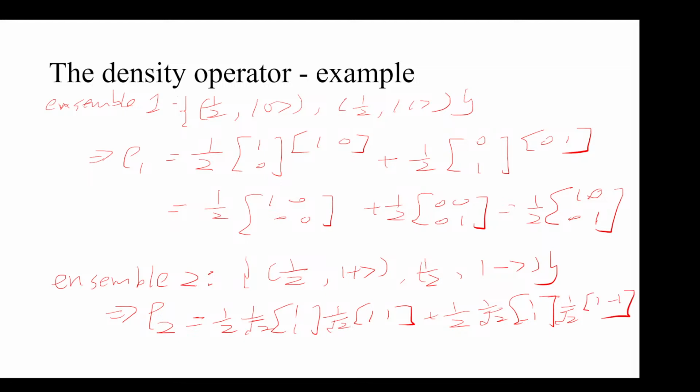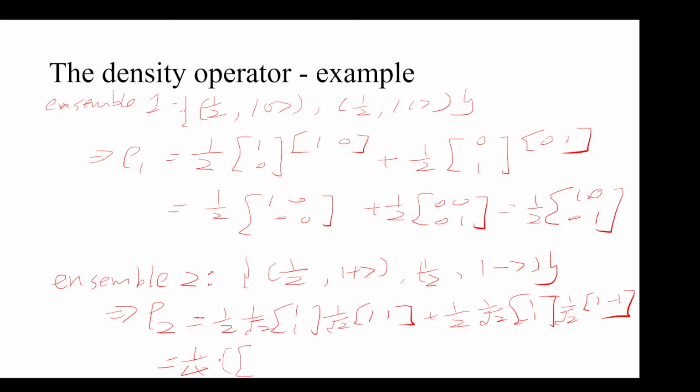Let's skip the calculation a little bit. Both have 1 over square root 2 times 1 over square root 2 equal to 1/2, then times 1/2 equal to 1/4.